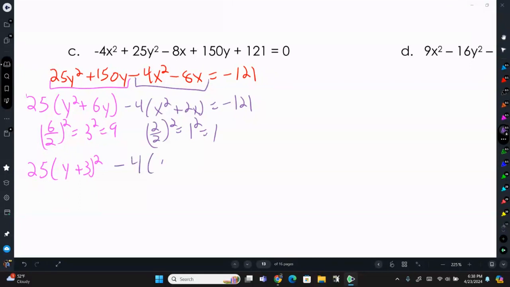So minus 4 times x plus 1 squared equals, well, we have the negative 121 there still. And then we're going to add, for the pink, we added 9, but we multiplied by 25. So 9 times 25. And then in the purple, plus we added 1, but it's going to be times negative 4.